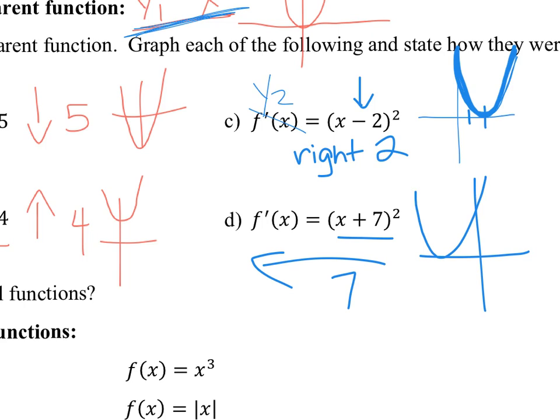This one, if you subtract from the x value, so remember this is inside the parentheses, that's often a way you can see it. If it's inside the parentheses and you subtract something, it moves it to the right 2. If you add something in the parentheses, it moves it to the left 2, or 7, depending on what the number is.